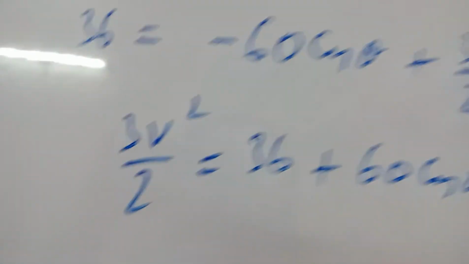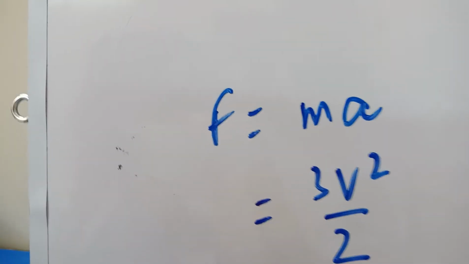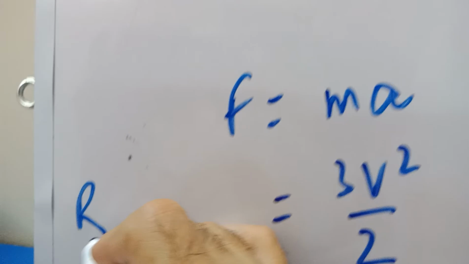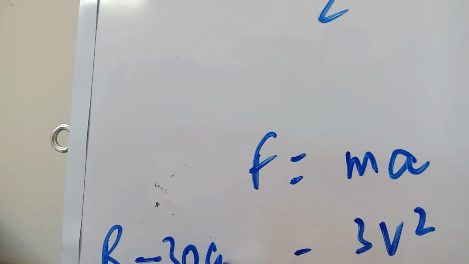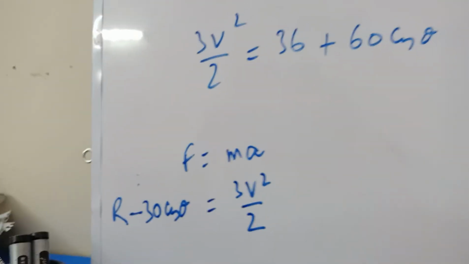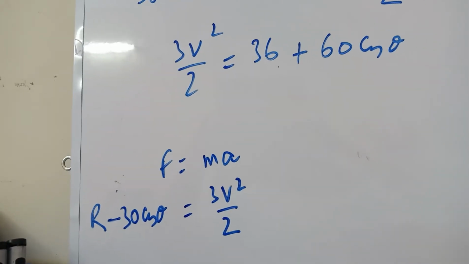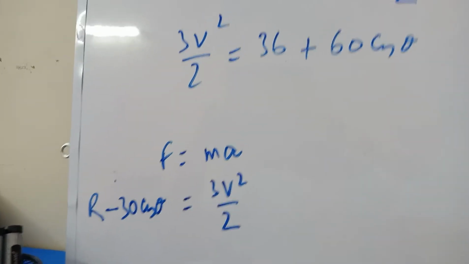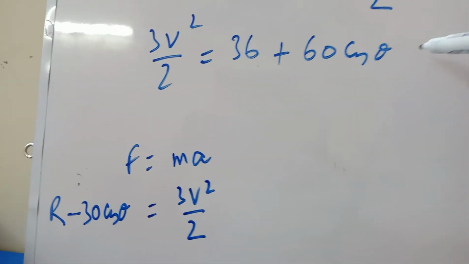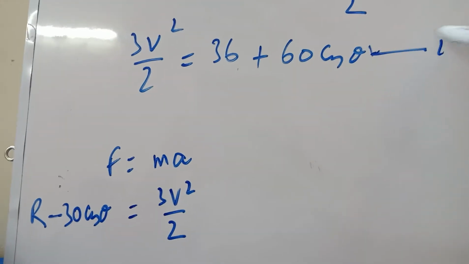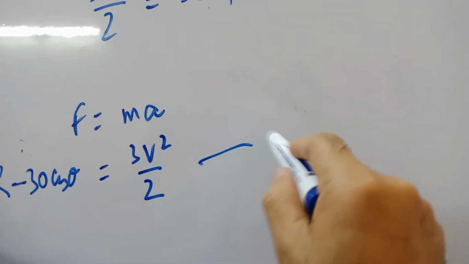So this will be over here, this will be r minus 30 cos theta. You see, this is r minus 30 cos theta. So now within this frame, let me name this as 1 and this as 2.